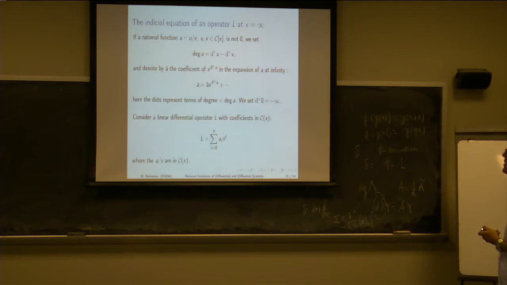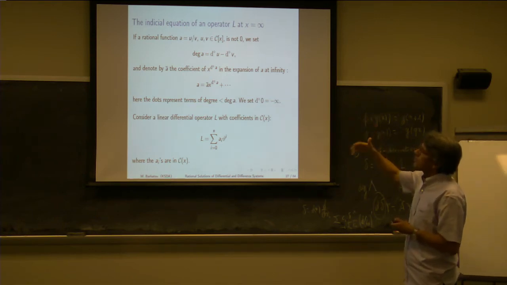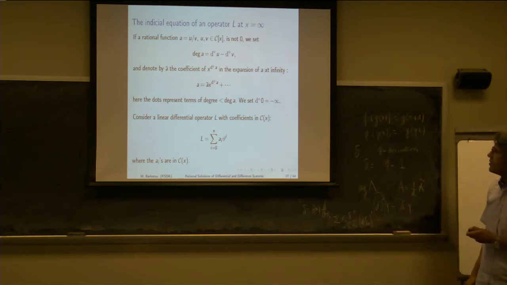So let me recall what the initial equation is for a scalar operator. For a rational function u over v, with u and v polynomials, the degree is the usual degree, the difference of degrees of numerator and denominator. Okay, and I will write this as deg of a.